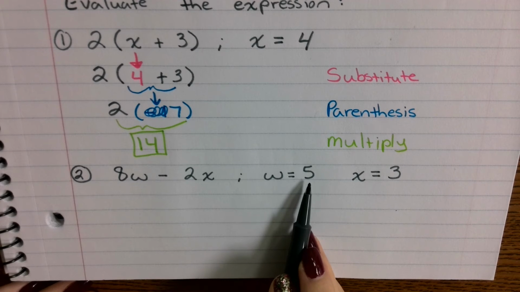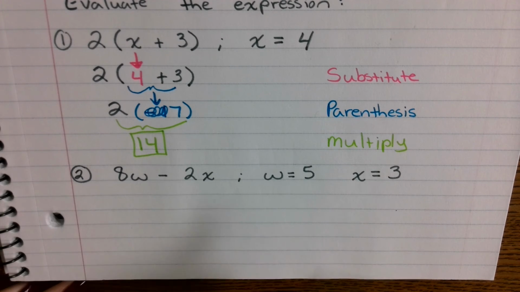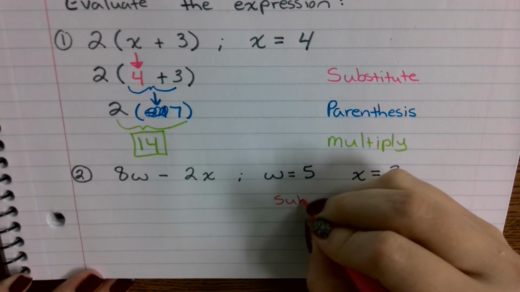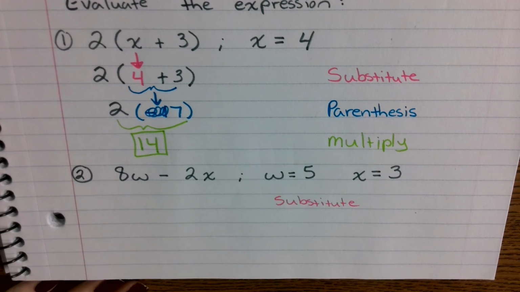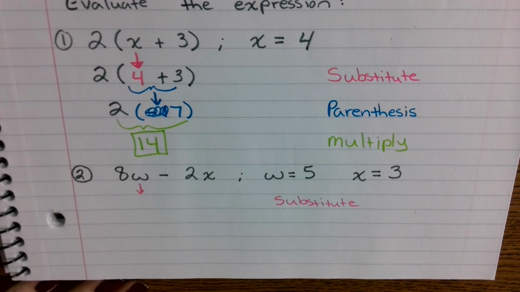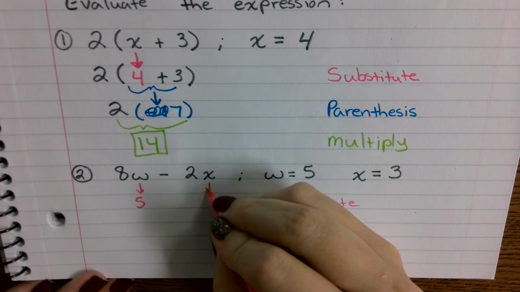W is equal to 5. X is equal to 3. The first thing that we need to do is substitute. So instead of W, what am I going to put? A 5. Instead of X, what am I going to put? A 3.